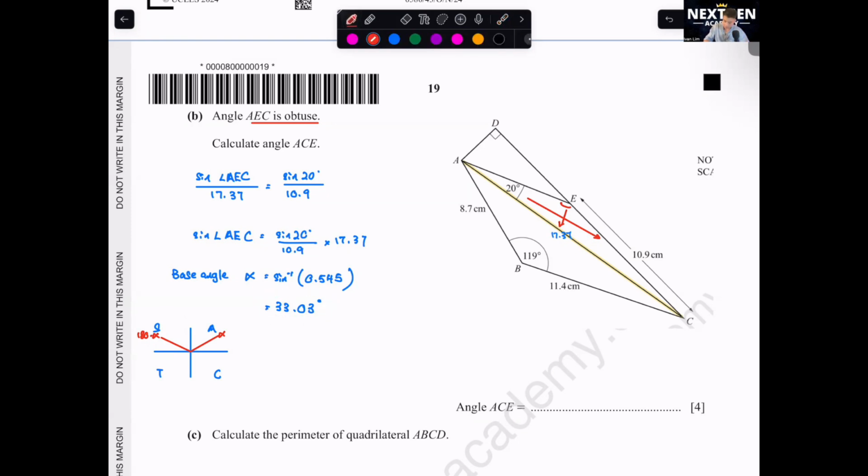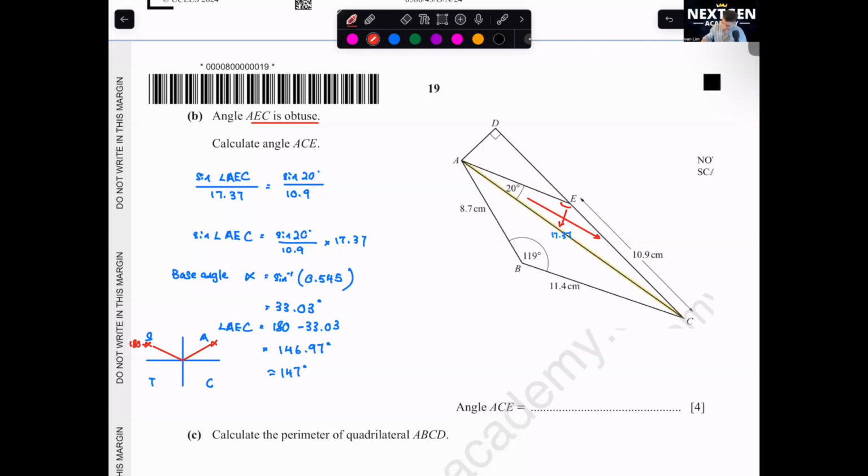So the angle AEC that we calculate should be 180 minus 33.03, which gives 146.97. I think we can round it up to 147 degrees.